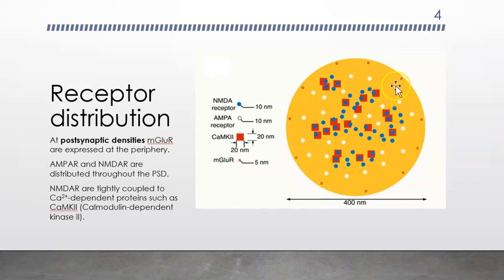But just in general, the density, so say this is where the synapse connects. We're going to have our ionotropic receptors, a lot more of them in the center of that synapse, and then on the periphery of the synapse is going to be our metabotropic receptors, most likely group 1 metabotropic receptors. Okay.